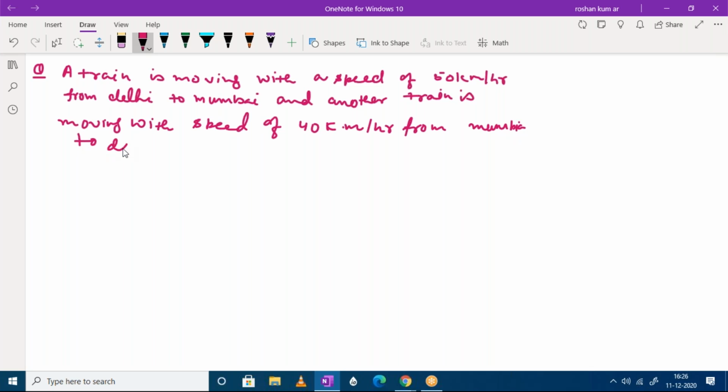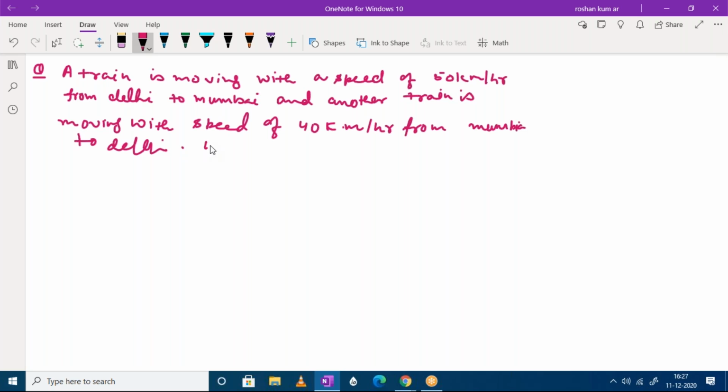So instead of using the language of same direction or opposite direction, they have just put this scenario in front of you. One fellow is moving from Mumbai to Delhi, another is from Delhi to Mumbai. Obviously, they are moving in opposite direction. No need to think of anything apart from this.